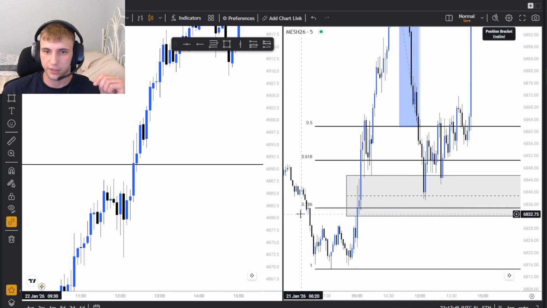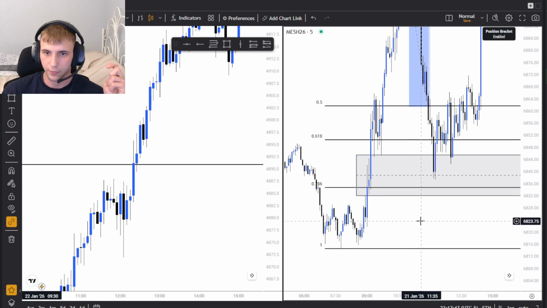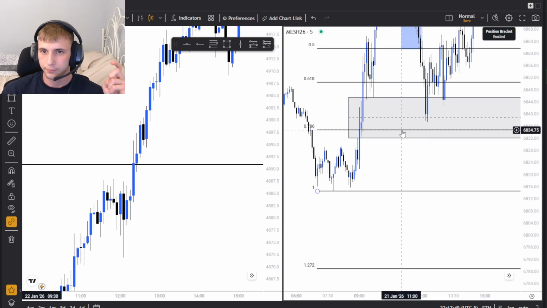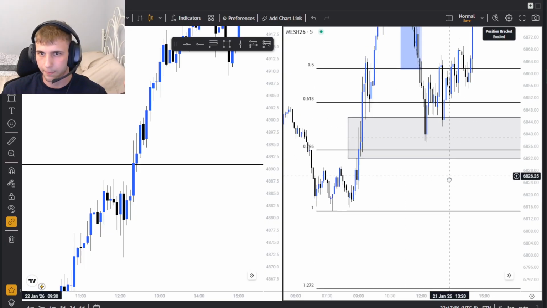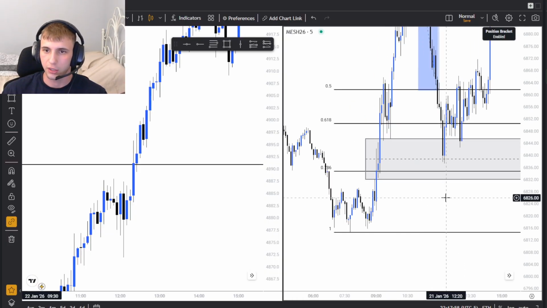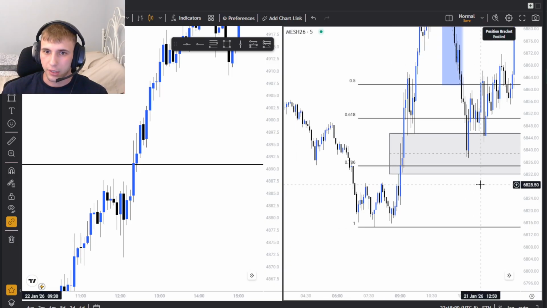Because we're still above the 0.786 level, right? So we know that price can still come all the way down to equilibrium of this gap without it actually being considered high risk and still a retracement, a still possible placeable point of retracement, right? Where price could retrace to. And that's actually what happened.